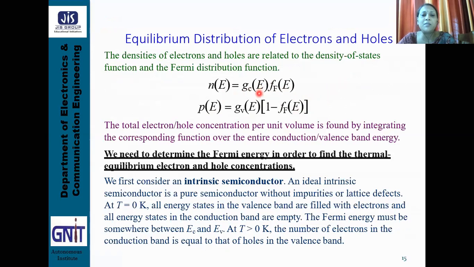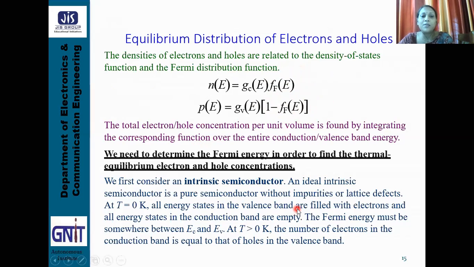This g of E is nothing but the density of states function, and the density of electrons in the conduction band is n of E. Similarly, the density of holes in the valence band is p of E equals g_v of E times 1 minus F of E. That is, the Fermi distribution function for electrons is F of E, therefore for holes the probability distribution function should be 1 minus F of E. This is shown here.